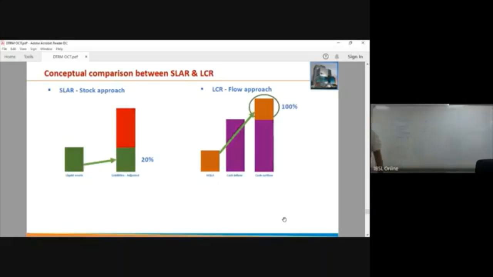Then level 2 assets are basically government securities, and again it should have an active trading market. If there's no secondary market for a government instrument, you can't consider it as a level 2 asset. So it's not a liquid asset. Now, for example, SLDB. SLDB in Sri Lanka, we don't have an active secondary market.